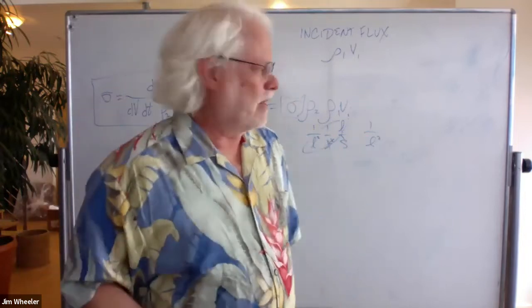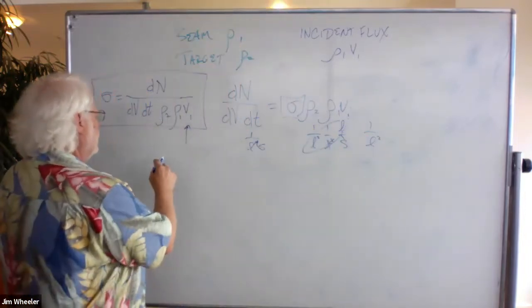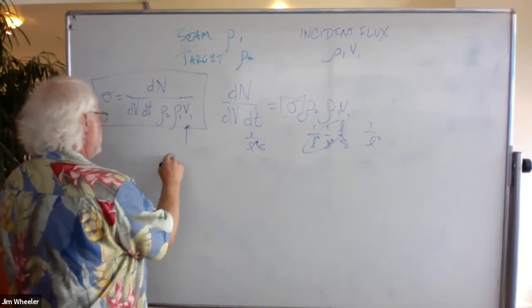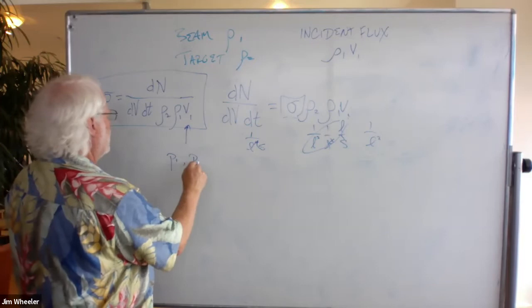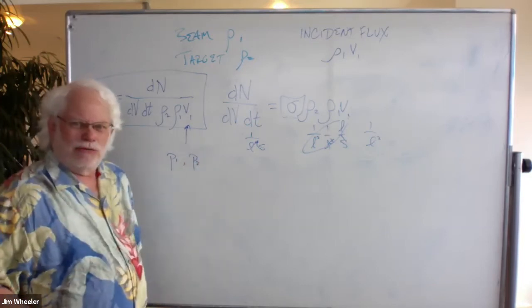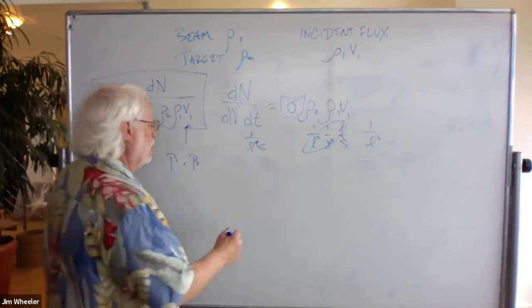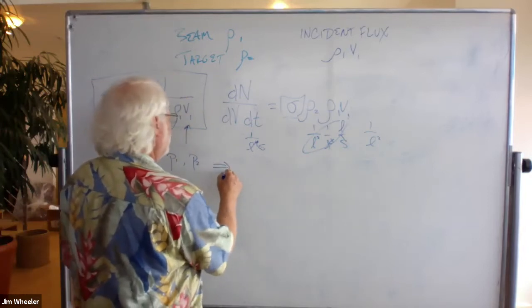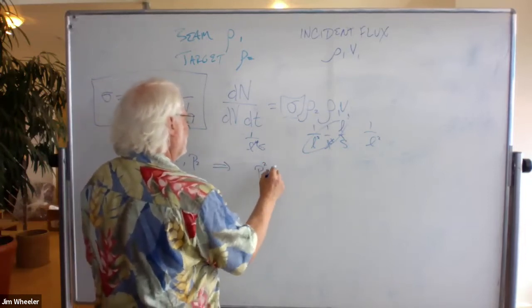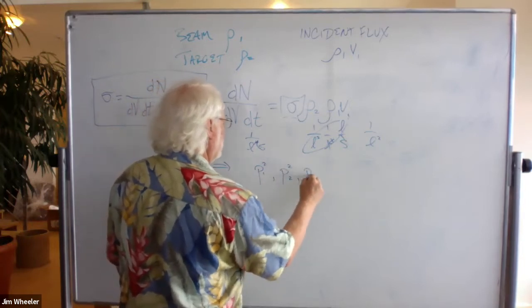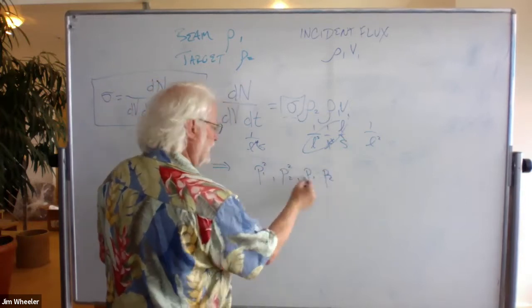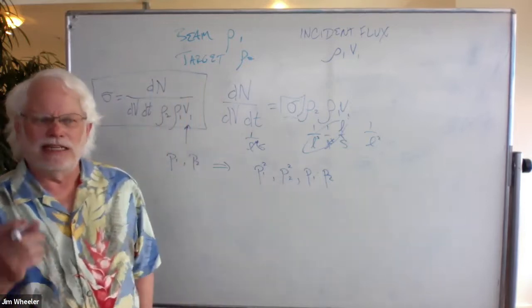So let's see what we've got. We have the momentum of particle 1 and the momentum of particle 2, and that's really what we have to work with here. So we have three Lorentz invariant quantities: P1 squared, P2 squared, and P1 dot P2. Each of those is manifestly Lorentz invariant.